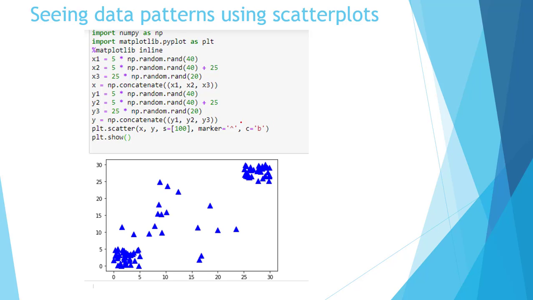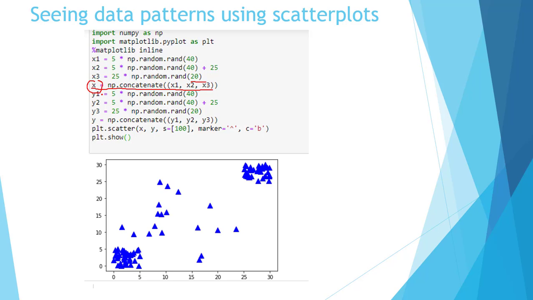So first of all, we have created our data. Here x1 specifies 40 random values, x2 also specifies 40 random values plus 25, and x3 specifies 20 random values. For the corresponding x, we have to specify y also. Here first we have concatenated all the x1, x2, x3 in variable x using the concatenate function of numpy.